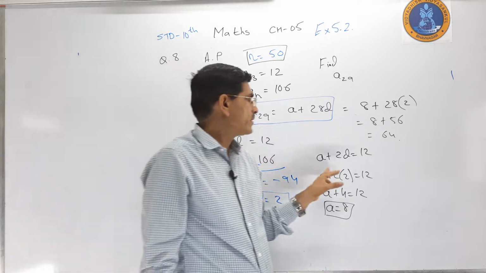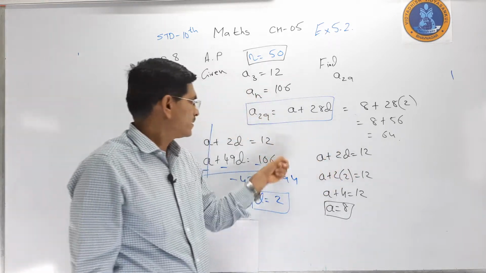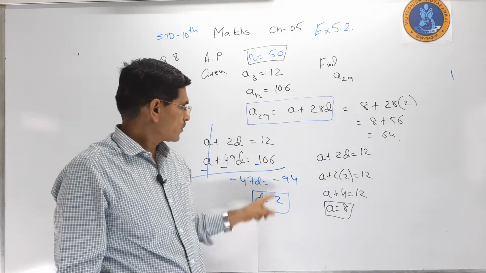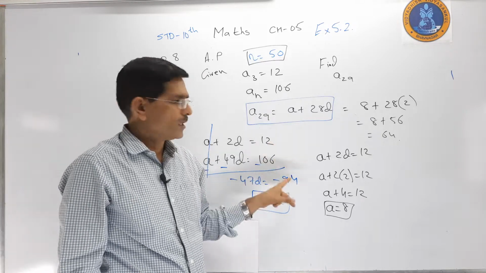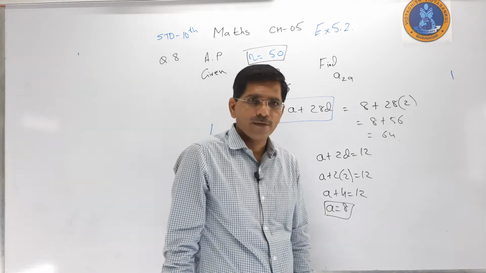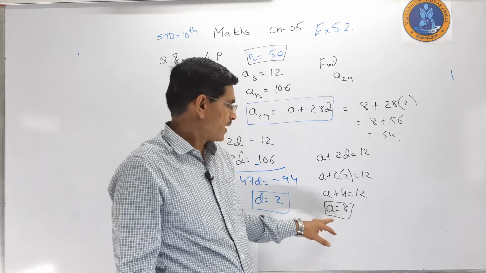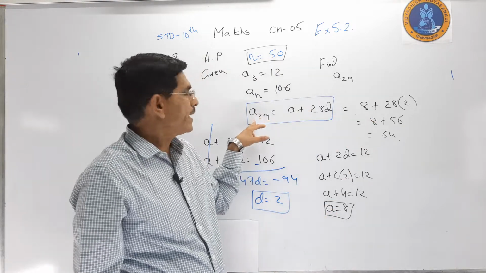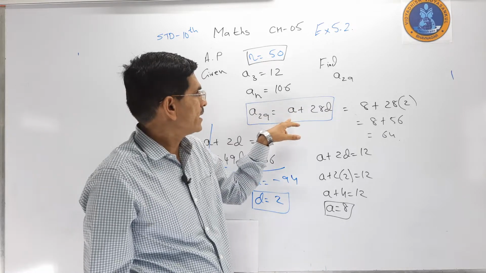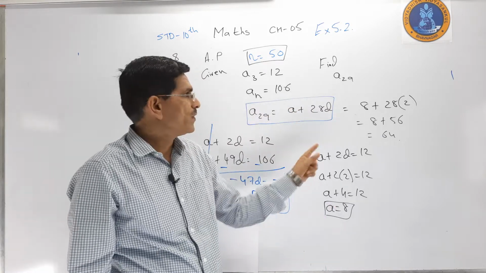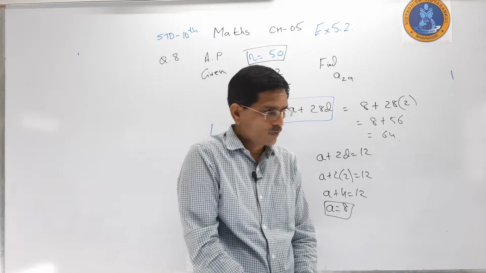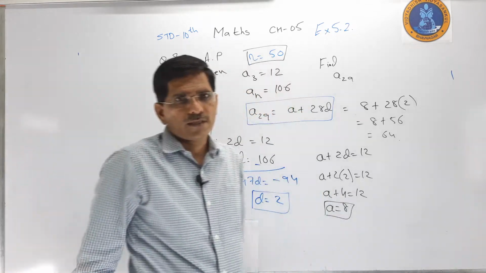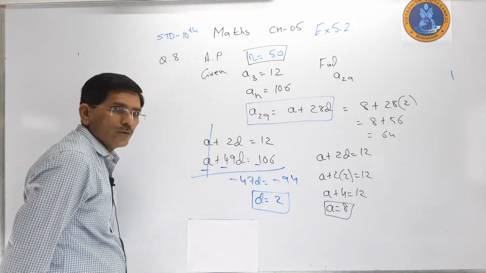Put the value of D in any equation, we can get the value of A. And if we get the value of A and put both values in A29, that is A plus 28D, we can get the answer 64. So I hope you have understood it properly. I think you have to write it.